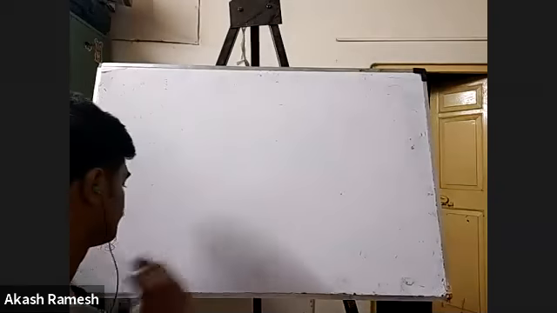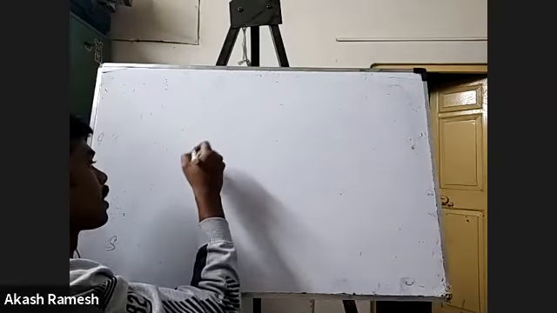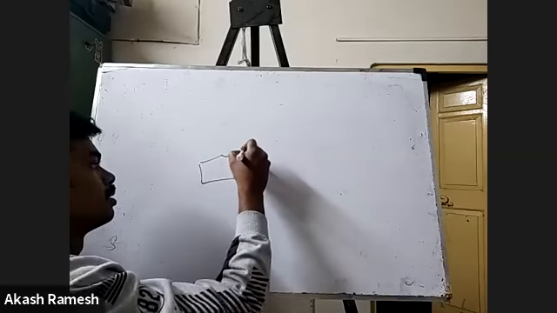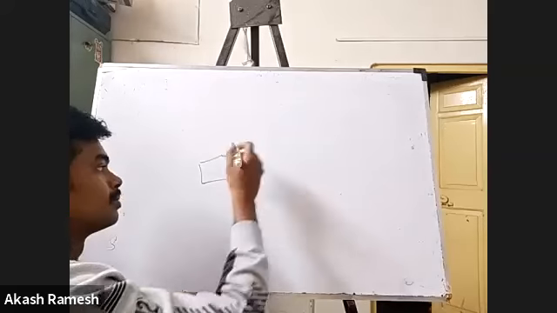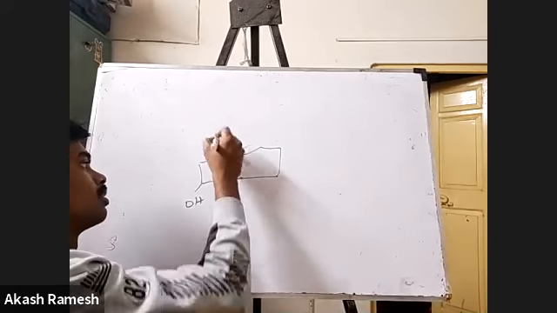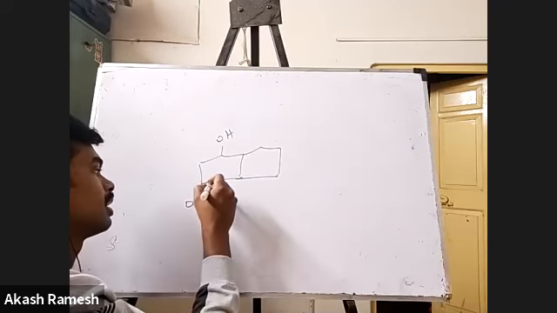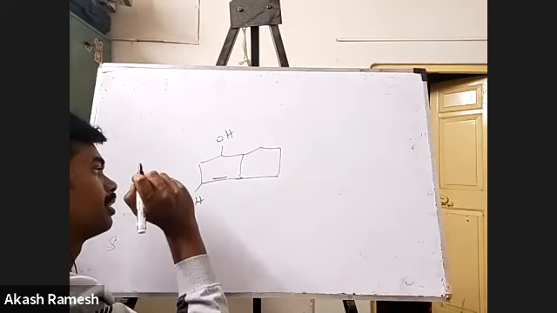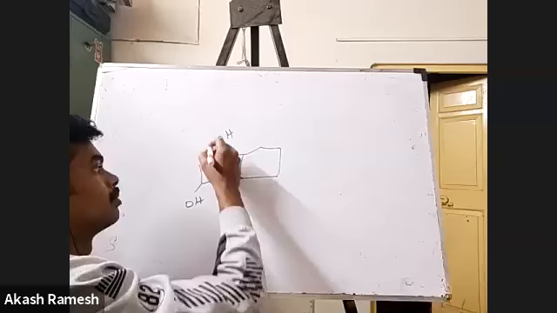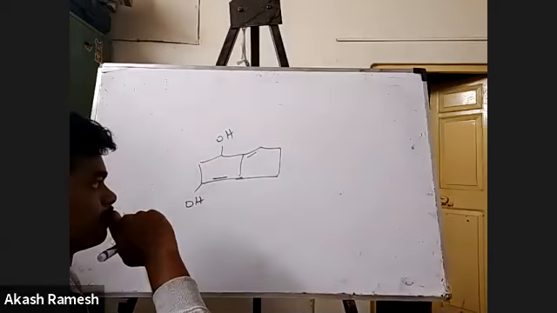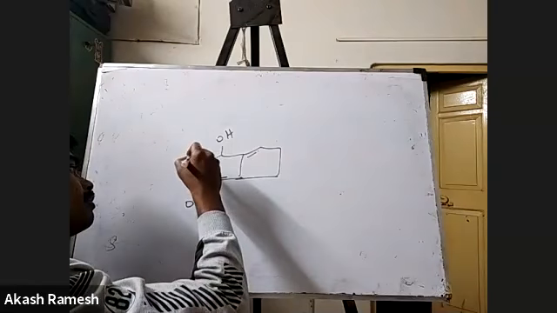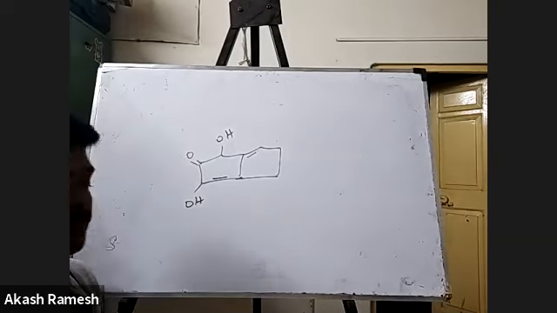Say I have OH, another OH, a bond here, a bond here, and one C double bond O here.